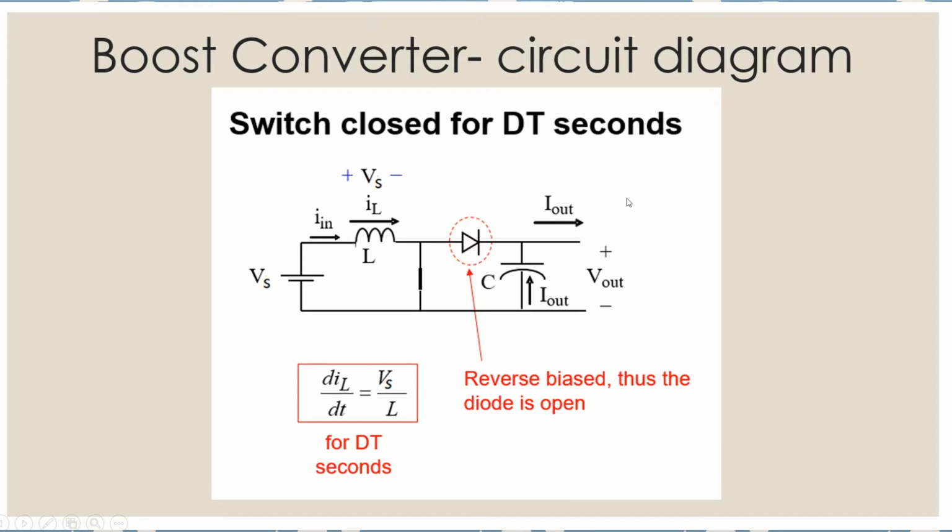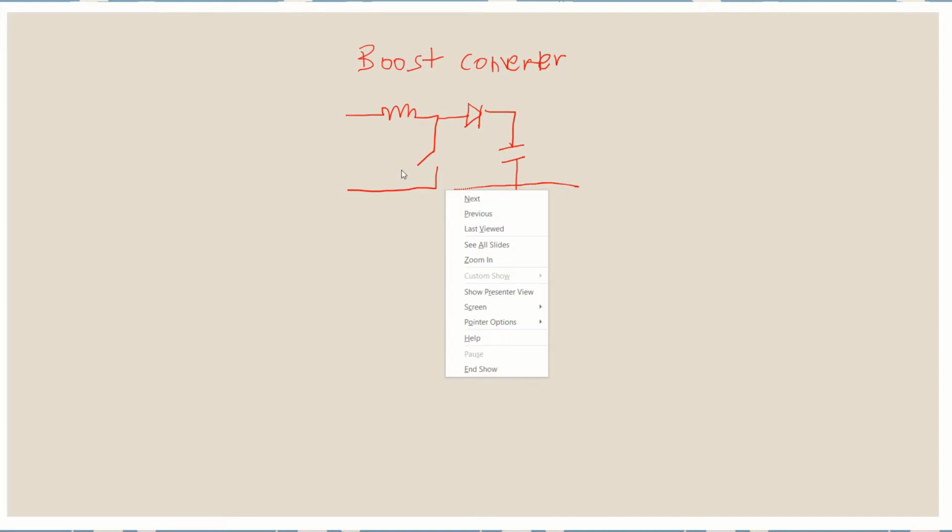In the boost converter, the circuit is made up of L and a switch, and also a diode and also a capacitor, and it connects to the output.